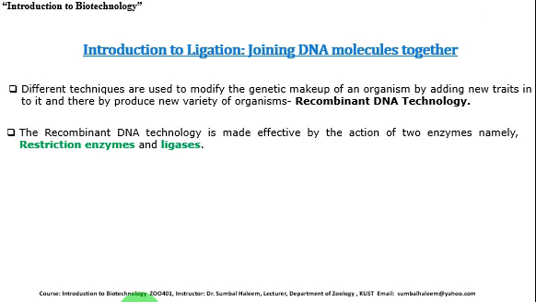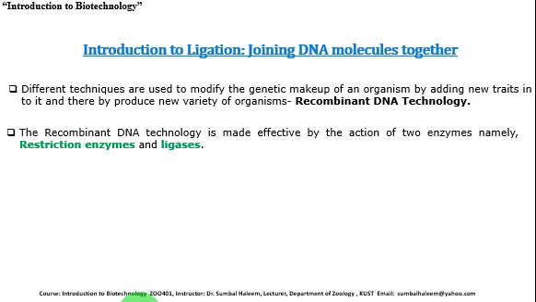While there is another enzyme that is known as molecular glue, the fragments that are generated due to the activity of the restriction enzymes are ligated or glued together with the help of another enzyme, known as ligase enzyme. That is our today's topic. What actually do ligases do?